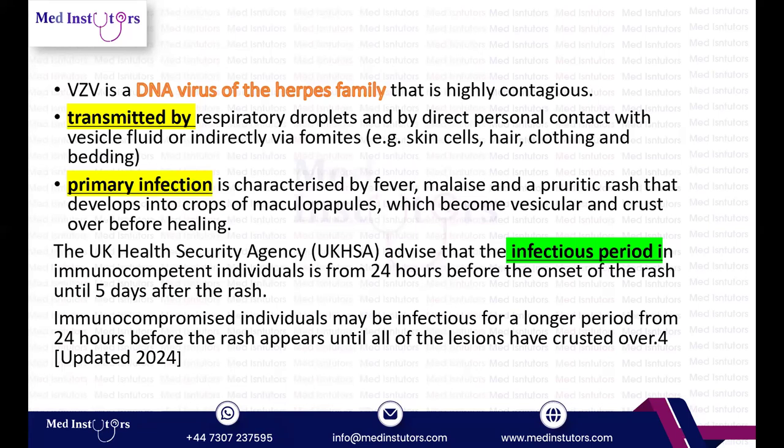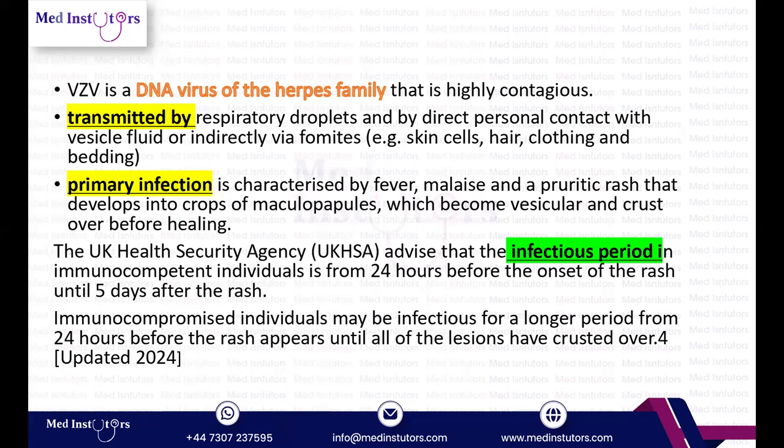This is a new edition of this guideline that has been modified. Initially, it was 48 hours before the onset of rash. Now they have compressed it to 24 hours until 5 days, because probably it's around 5 days when the rash crusts over. Is that clear now?